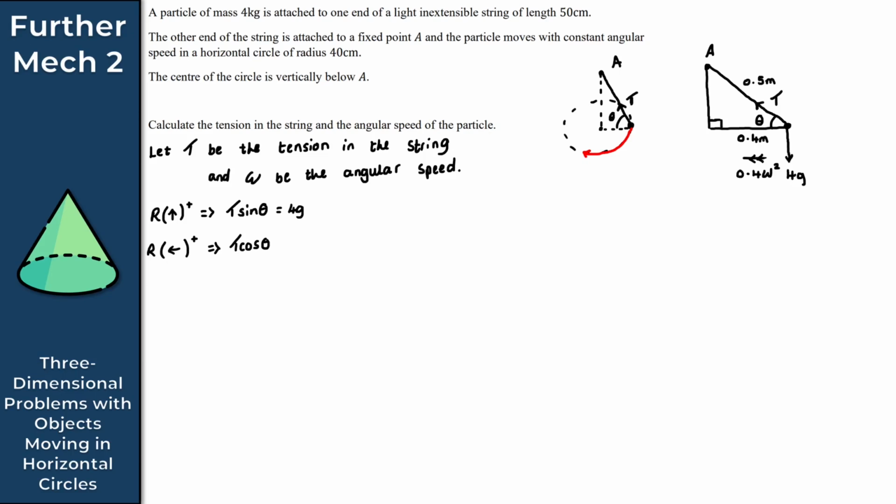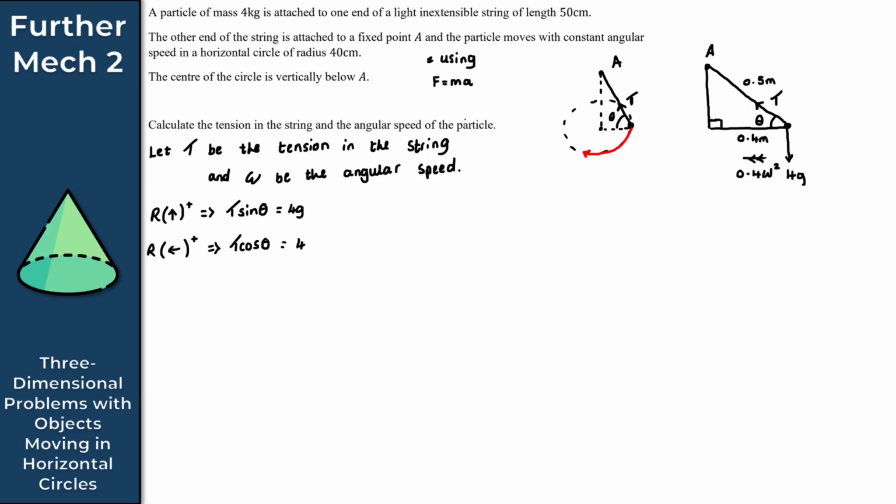Now we do have acceleration here horizontally to account for. So using F equals ma, Newton's second law, let's make a note. Using F equals ma, this is F here, and that's now equal to m times a. So the mass here is 4.